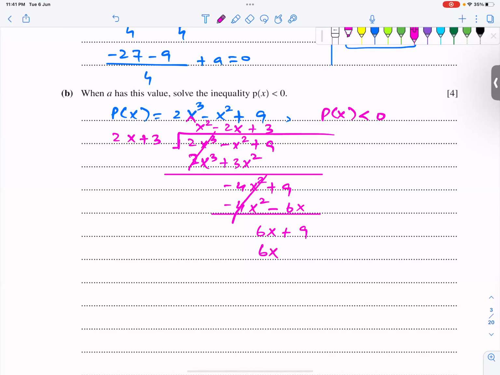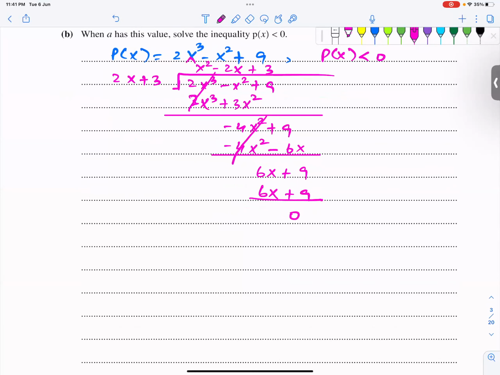So 6x plus 9. So the remainder is 0. So it means my cubic polynomial 2x cubed minus x squared plus 9 is actually the product of 2x plus 3 into the quotient plus remainder. And remainder is 0, so you don't need to write that.